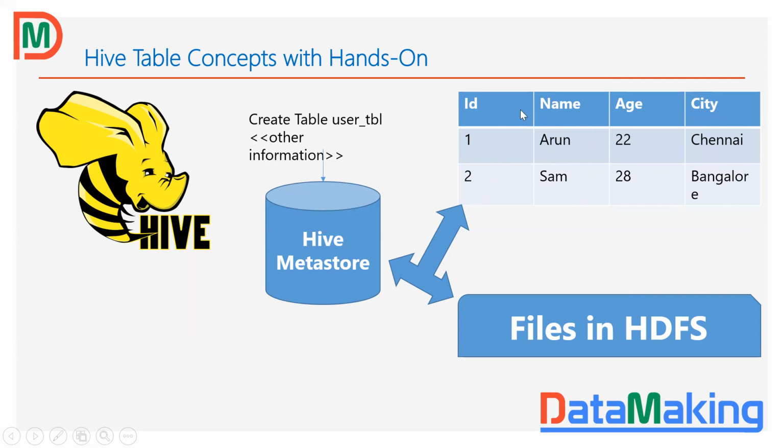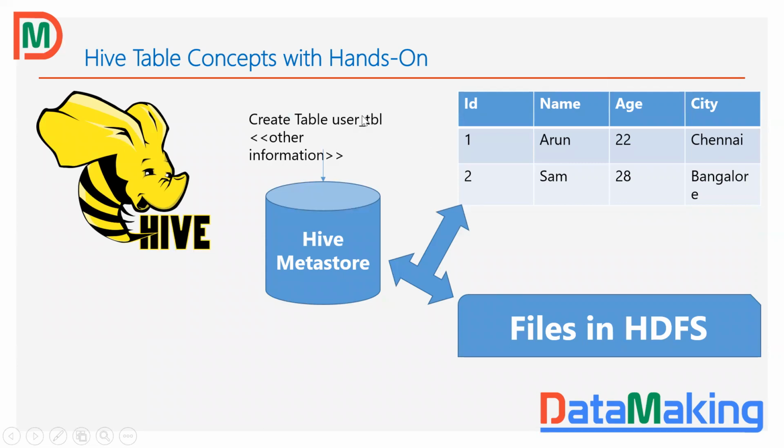I can create a table user and point it to this file, or create a table and use the load command or insert command to load the data into the user table.